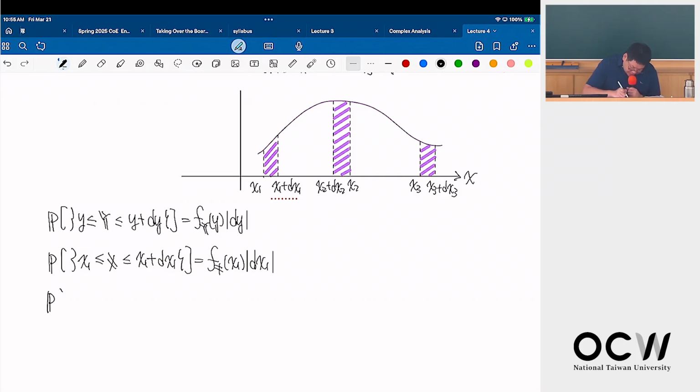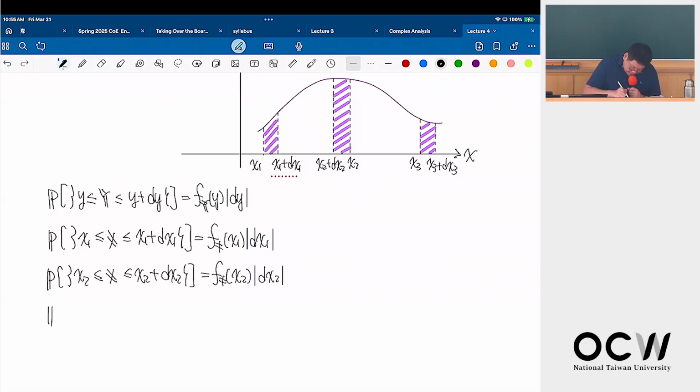And the probability of your random variable x being between x2 and x2 plus dx2 is the PDF of x at x2 times dx2. Similarly, for x3, I have a PDF of x at x3 times dx3.